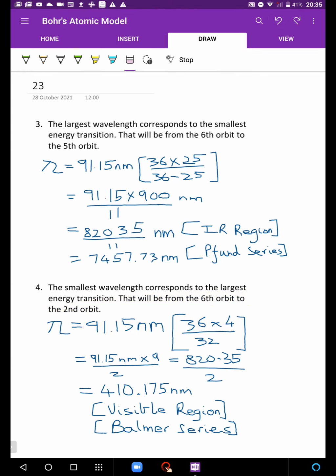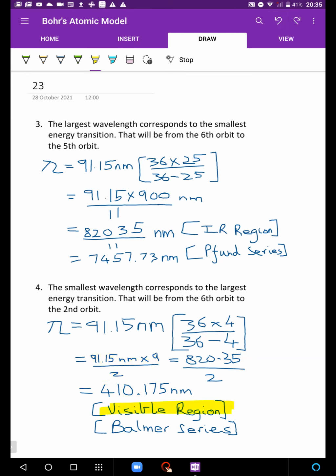Okay, so I should maybe write that as 36 minus 4, which is 32. Okay, 32 and 36, the ratio of 32 and 36 is 9/8, and 4/8 is 1/2. This is 9/2. So it's 91.15 into 9/2. So first multiply by 9. In fact, you've already done that here with 900, so with 9 you'll get 820.35, and divide by 2, so 410.175 nanometers will come. Of course you can approximate, but the point is this is definitely above 400.